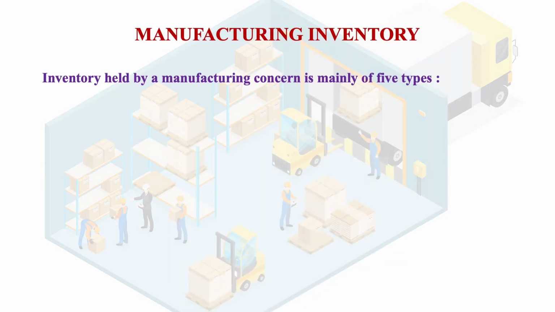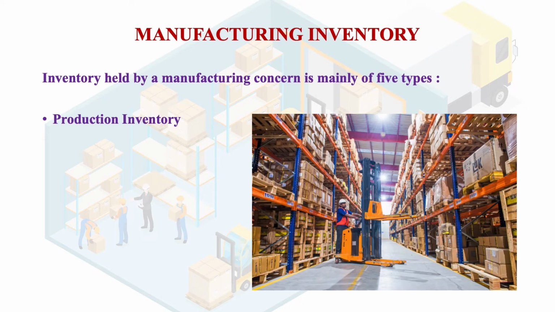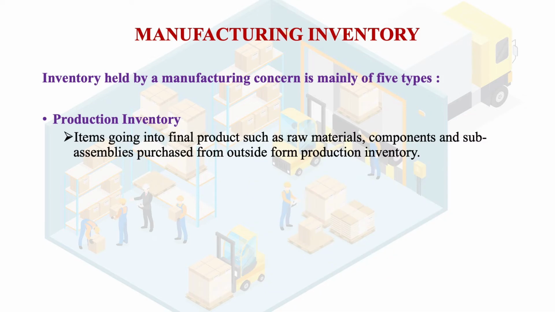First, we are giving our focus on the manufacturing inventory. Inventory held by a manufacturing concern is mainly of 5 types. Production inventory or raw material inventory: items going into the final product such as raw material, component, sub-assembly purchased from outside form the production inventory.